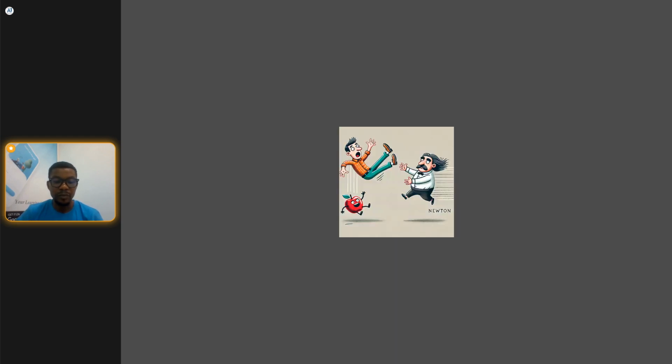Now, let's take an illustration of this diagram that we have on the screen. I believe everyone can see the screen properly. So using this diagram, we want to introduce what we'll be dealing with today.